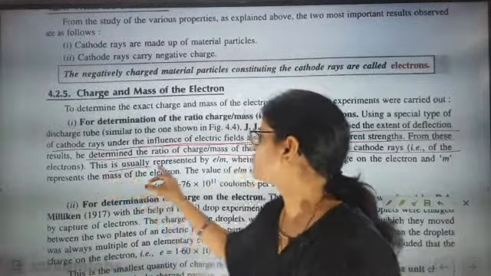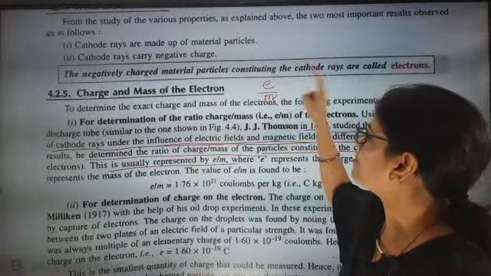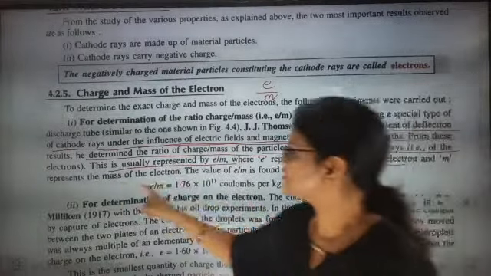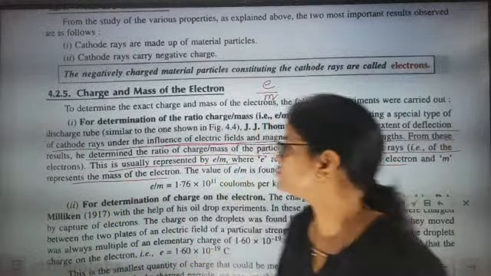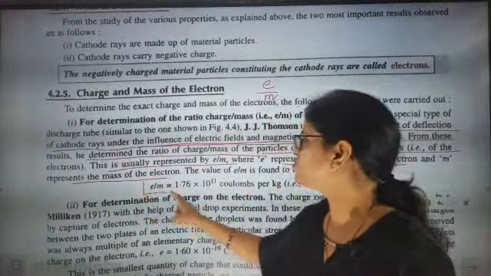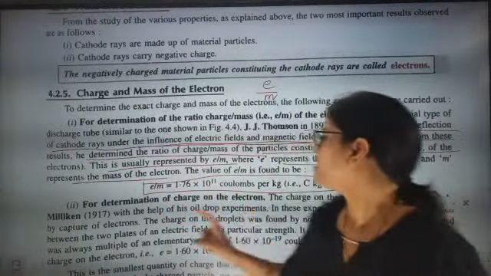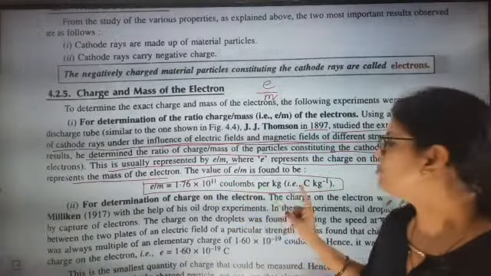This is usually represented by e/m. Charge by mass is represented by e/m. e represents the charge and m represents the mass. After calculation, he came to the conclusion that charge by mass is 1.76 into 10 to the power 11 coulomb per kg.